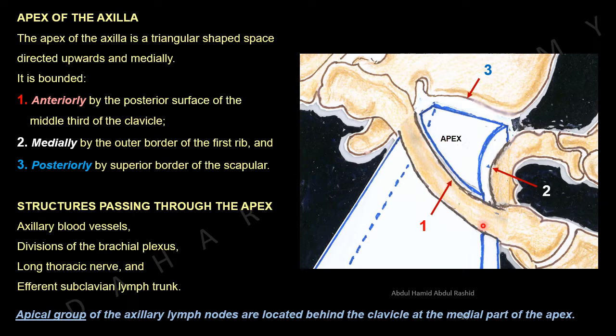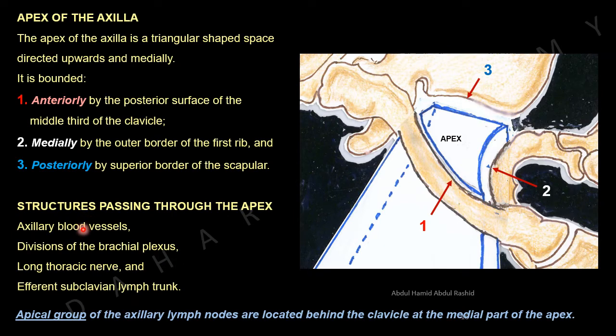This is the clavicle, this is the first rib, and this is the scapula. The apex of the axilla is bounded anteriorly by the posterior surface of the middle third of the clavicle, medially by the outer border of the first rib, and posteriorly by the upper margin of the scapula.